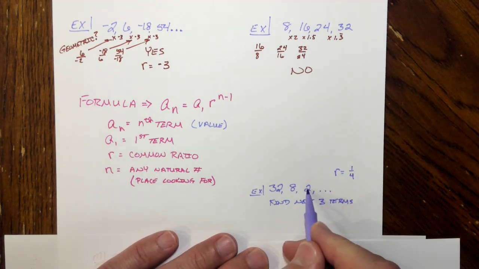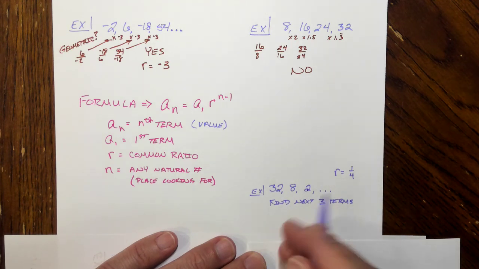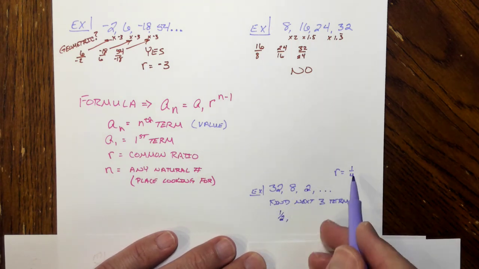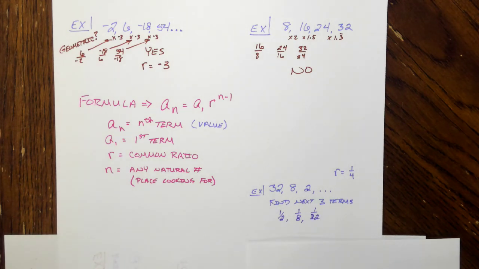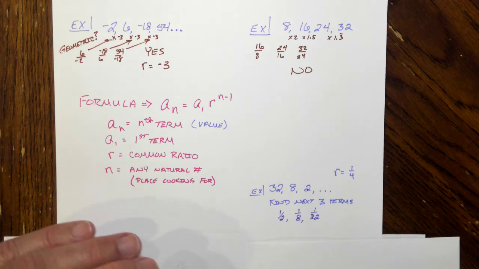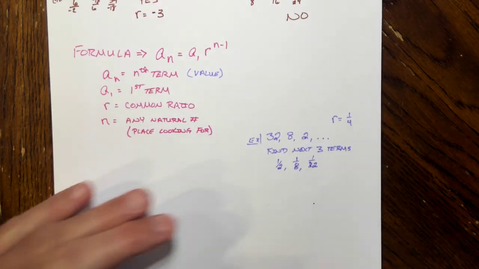So we'll take 2 times 1/4 and get 1/2. We'll take 1/2 times 1/4, and this is where it works out a little bit nicer for us. We'll get 1/8. And then we'll take 1/4 times 1/8 and get 1/32.